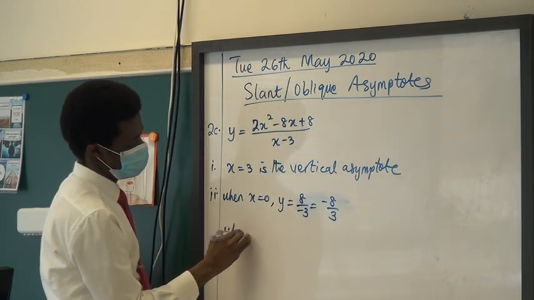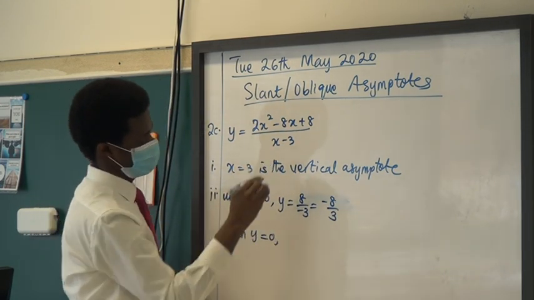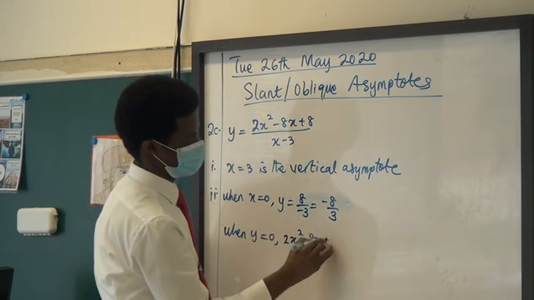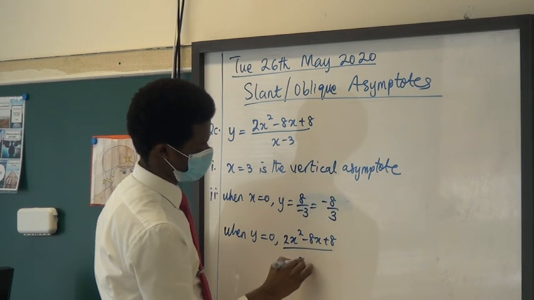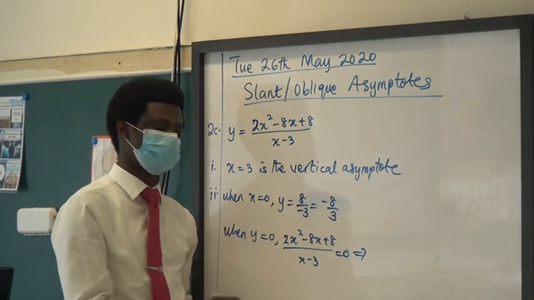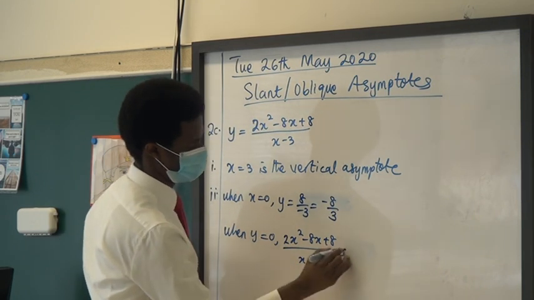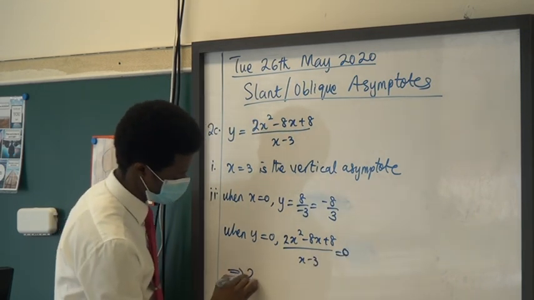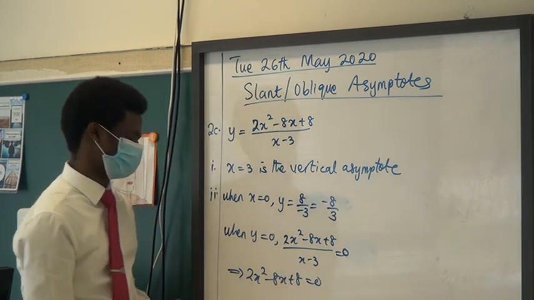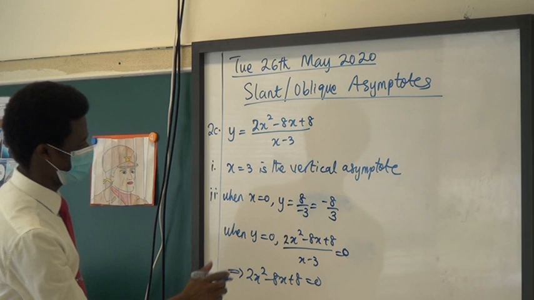When y itself is equal to 0, the original function (2x squared minus 8x plus 8) divided by (x minus 3) is equal to 0, and this is only when the numerator is equal to 0, which means 2x squared minus 8x plus 8 is equal to 0. What are the factors? I can divide by 2 first.